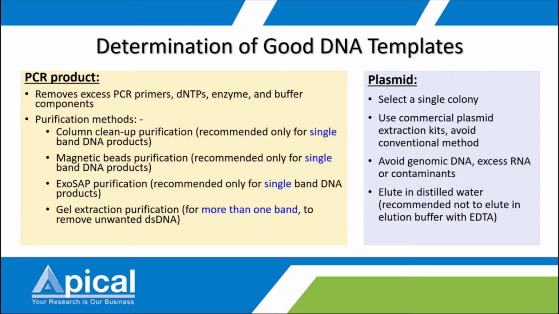If you find something like this and need to discuss, please do not hesitate to contact us. As for ExoSAP, it is a type of enzyme purification, using exonuclease to remove the excess primer, while shrimp alkaline phosphatase removes the remaining dNTP. But this method does not remove any salt and enzyme present in the PCR, so the purification may not be complete.